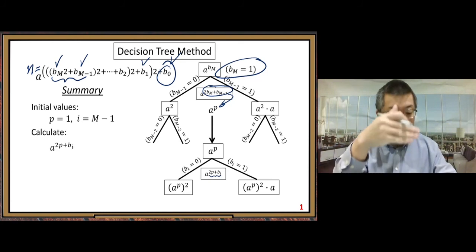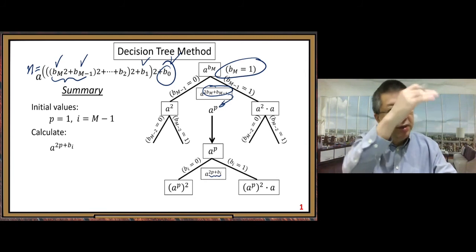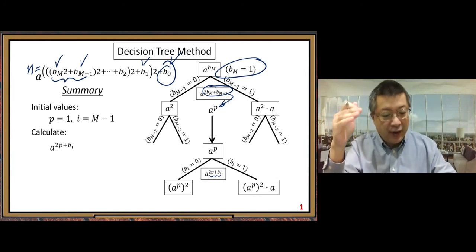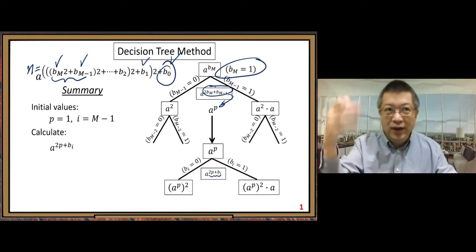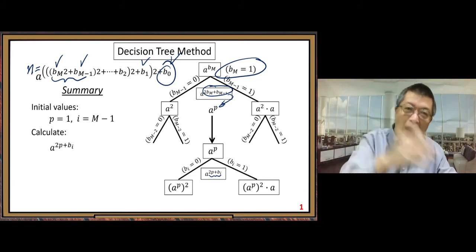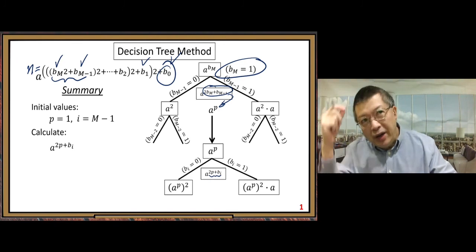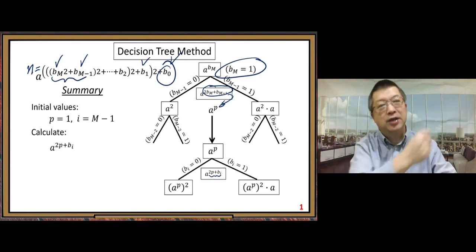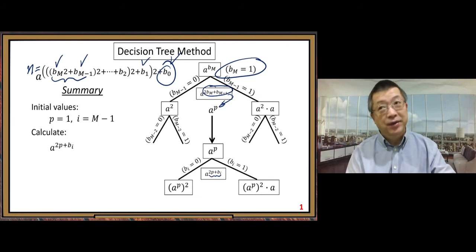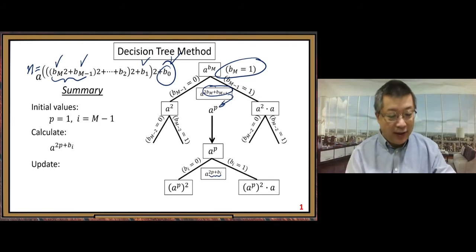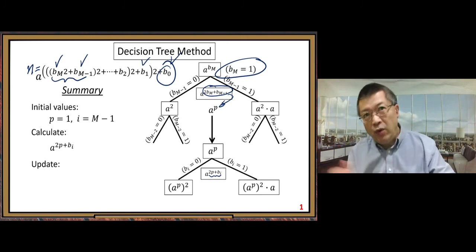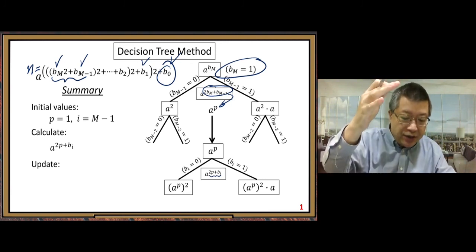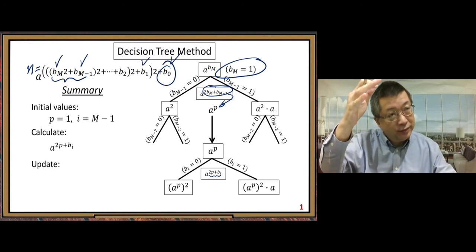After that, we do the calculation operation. What kind of operation? a to the 2p plus b_i. We know how to do it: double, then look at the b_i value. Do we need another multiplication or not? We can do that easily. Then, before we get to the next iteration, we need to update some variables.